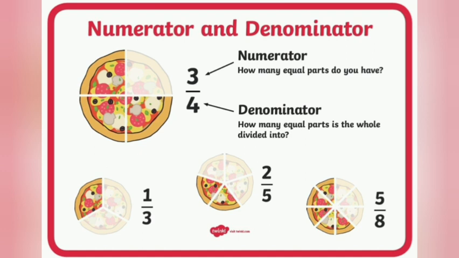And the number of equal parts that we considered, that we are going to express, is called the numerator. Okay, numerator. Always we write the number of equal parts that the whole has been divided into under the line, and above the line we write how many parts we consider.